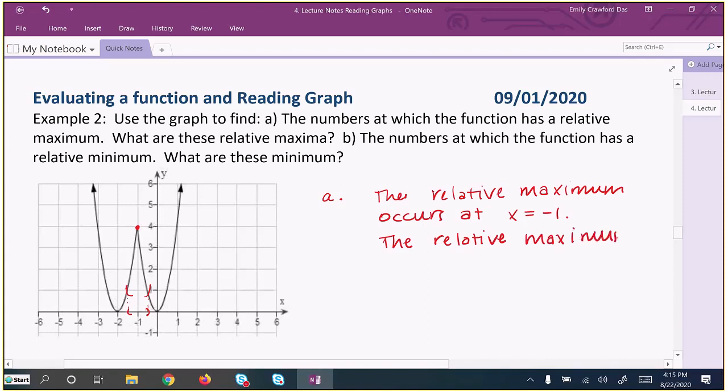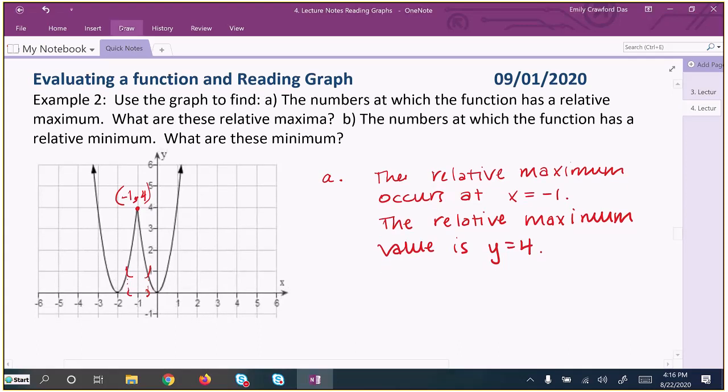So the relative maximum value is y equals 4. So another way of thinking about this is that we have the ordered pair (-1, 4). So the x-coordinate gives us the location that the maximum occurs, and the y-coordinate gives us the value of the maximum itself.